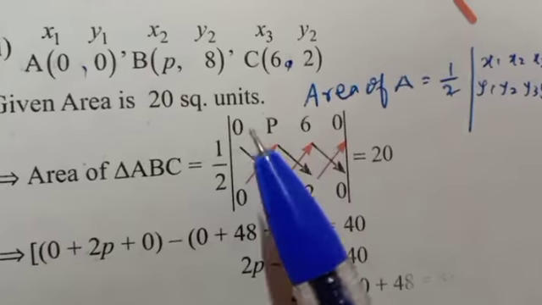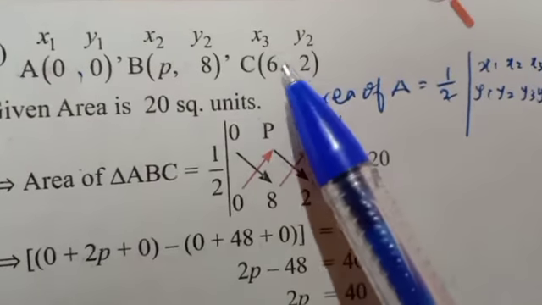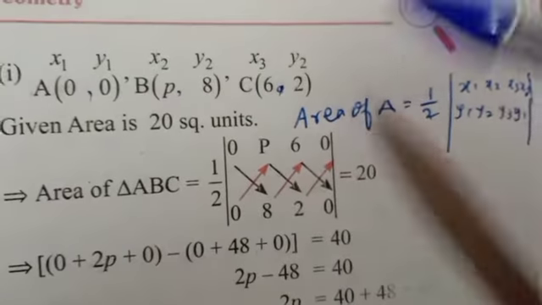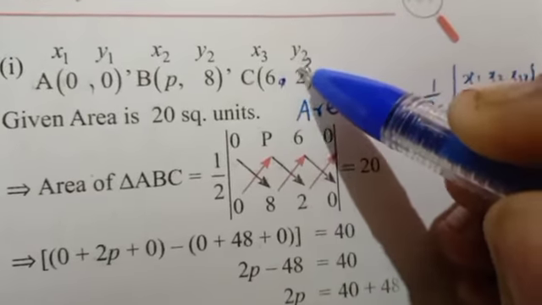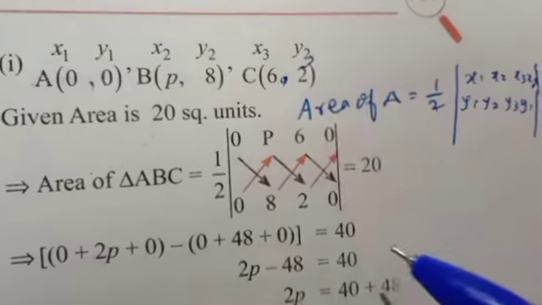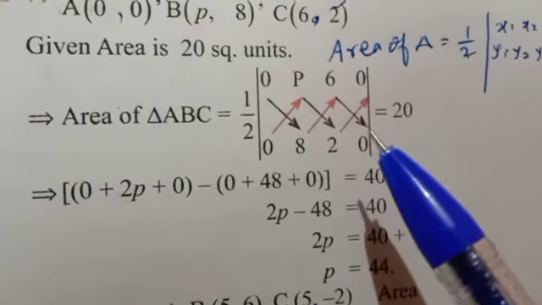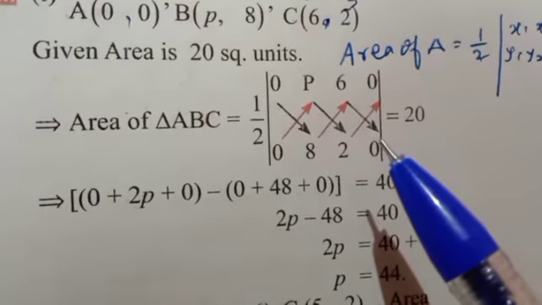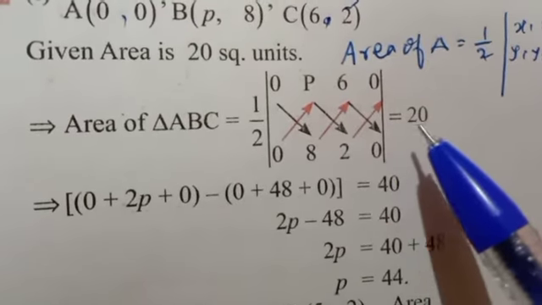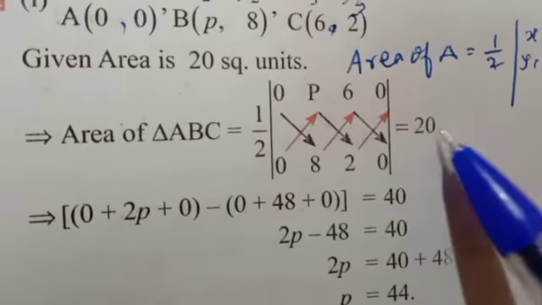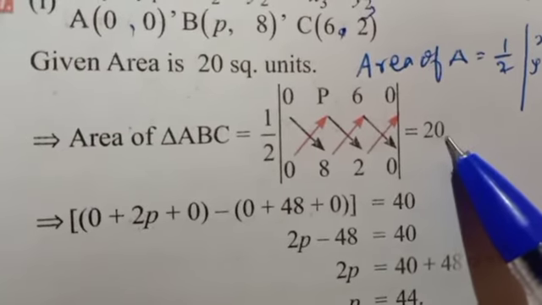That is x1 is 0, x2 is p, x3 is 6; y1 is 0, y2 is 8, y3 is 2. You have to substitute the values as usual, the same procedure as in the previous problem. But here you write area of triangle is equal to 20, because the area is given in the question itself.